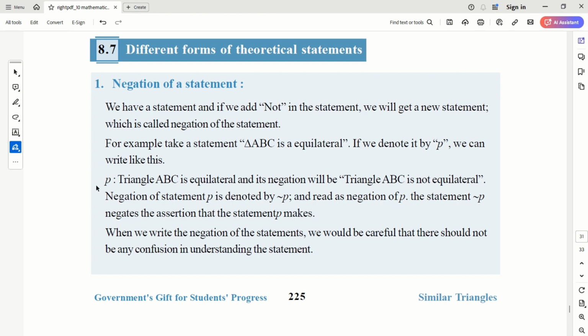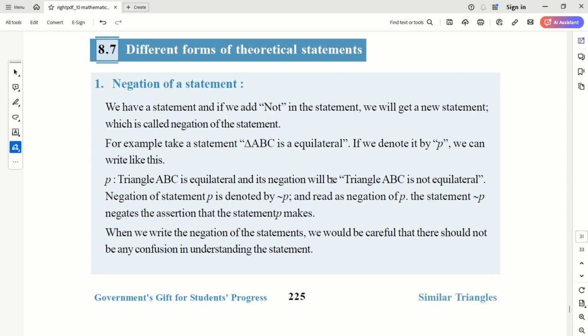Suppose the given statement P is triangle ABC is equilateral, and its negation I write as: triangle ABC is an isosceles triangle. Is it correct? No, this is not exactly the negation of my previous statement. Even though it is not an equilateral triangle, I am only indirectly telling it is not equilateral.